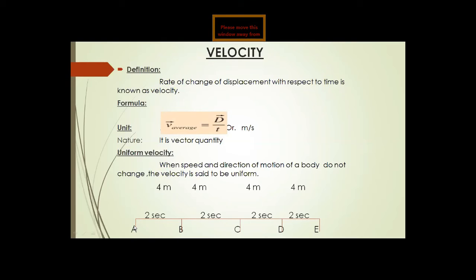In other words, it is just going towards east: A to B towards east, B to C towards east, C to D towards east, D to E towards east. So that is said to be the uniform velocity.